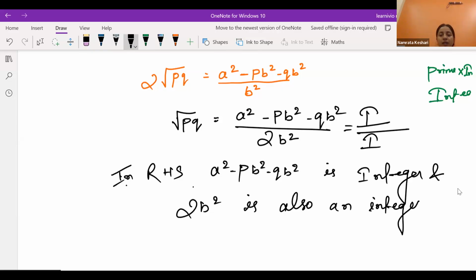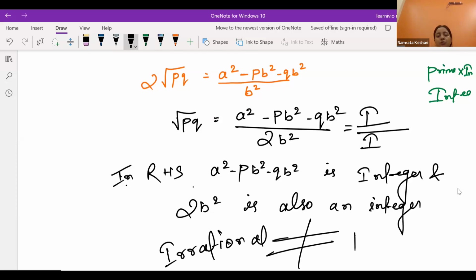An integer by integer is rational, hence an irrational number cannot be equal to a rational. Hence our assumption is incorrect. Hence the given number is irrational.